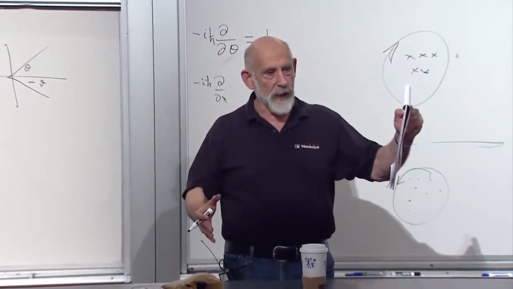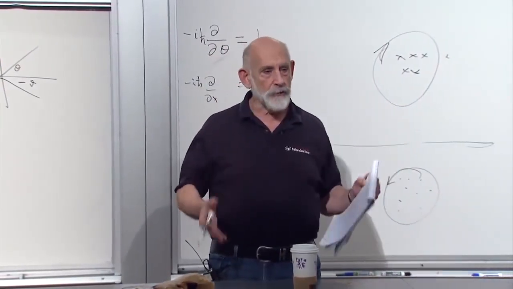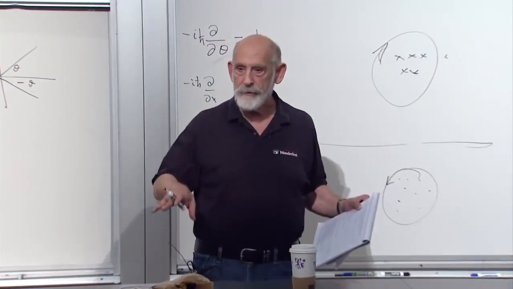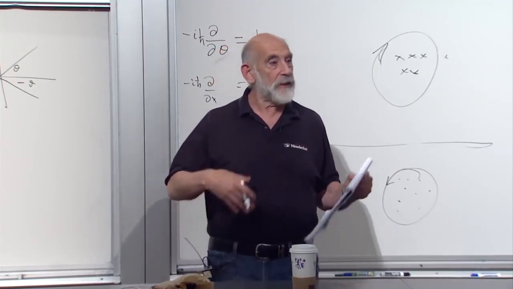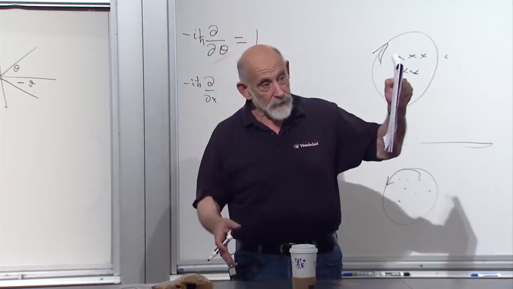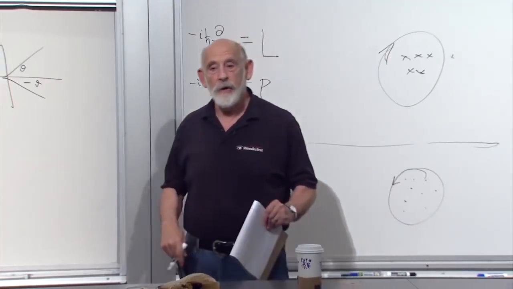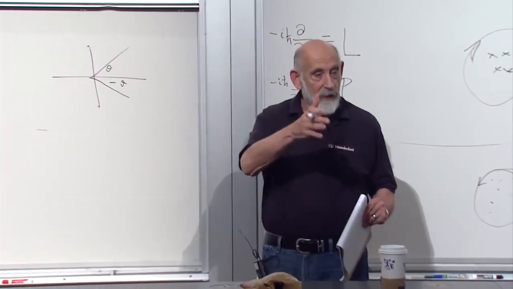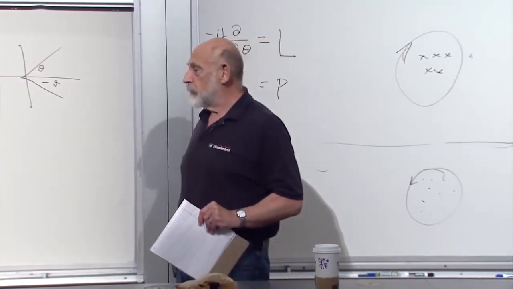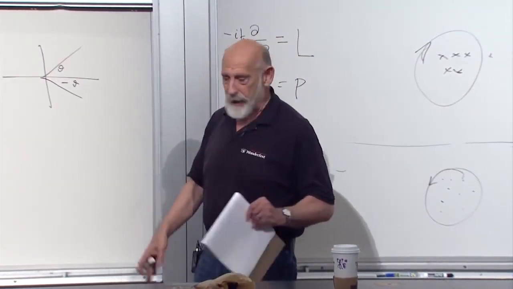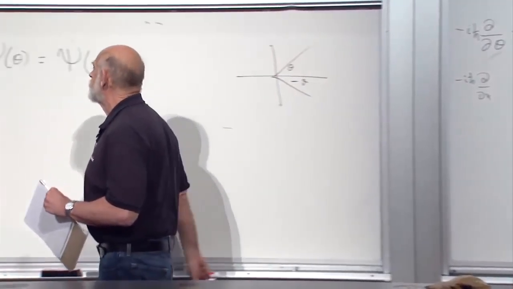A rotation about an axis and a reflection versus a reflection and a rotation about the same axis. Are they the same operations? Rotating about an axis and then reflecting, is that the same as reflecting and then rotating? Okay, the answer is obviously no. Well, if it's not obvious to you, think about it. But we'll work it out by doing the mathematical commutator and seeing what we get.